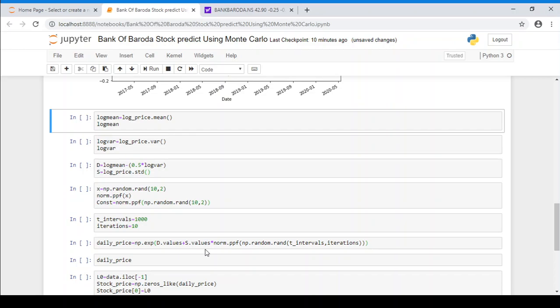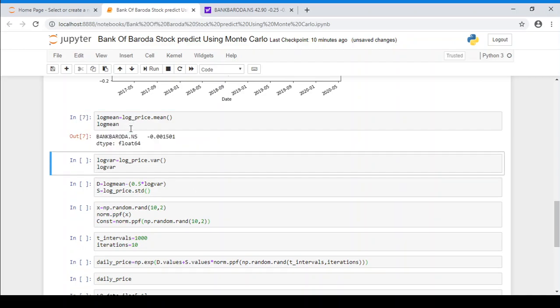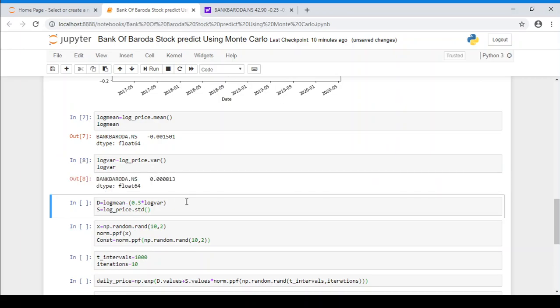So to get all those variables, I am first picking the log mean that we got, which is around minus 0.001. And then I'm trying to find the variance, that is 0.000813. And then I'm trying to take D, which is the log mean and half of the log variance. And then I'm trying to get the standard deviation into S.